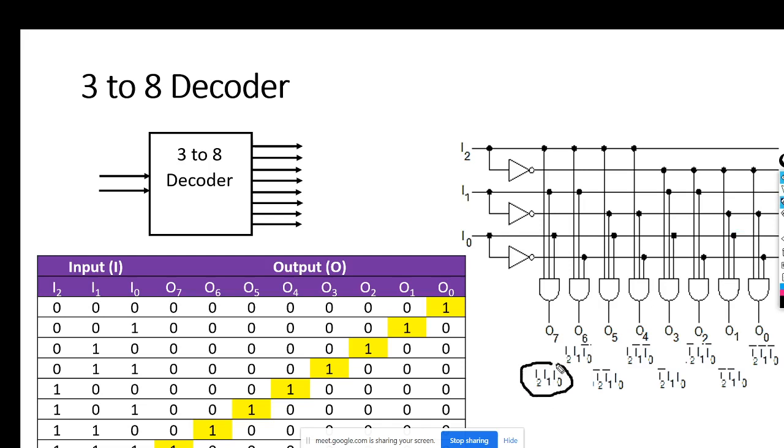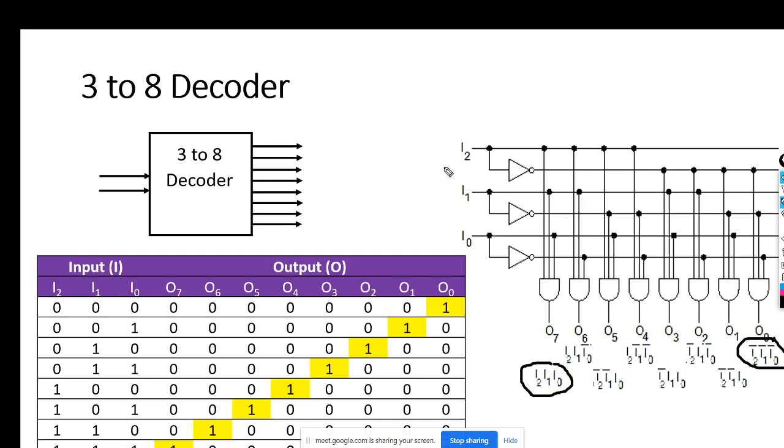The final AND gate will be fed with everything negated, I0 bar, I1 bar, I2 bar. All other AND gates are going to get all the other different combinations, where sometimes you have only one bar, sometimes two bars, etc. So all the combinations will be covered.